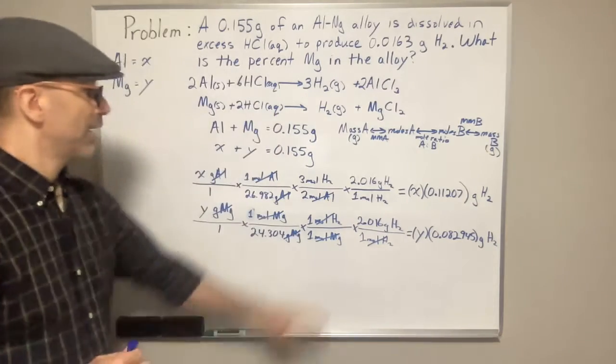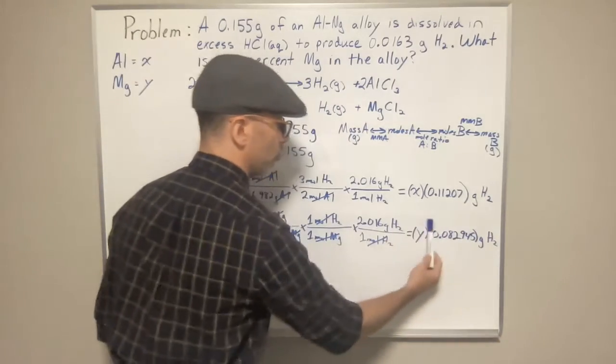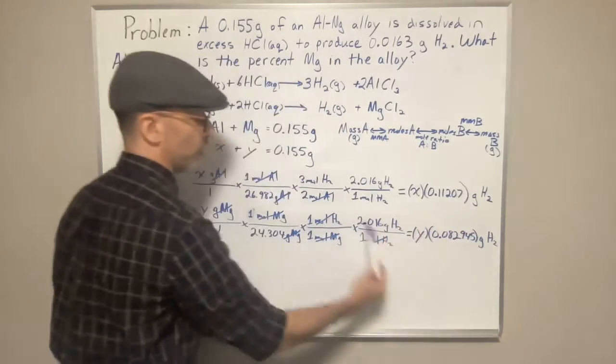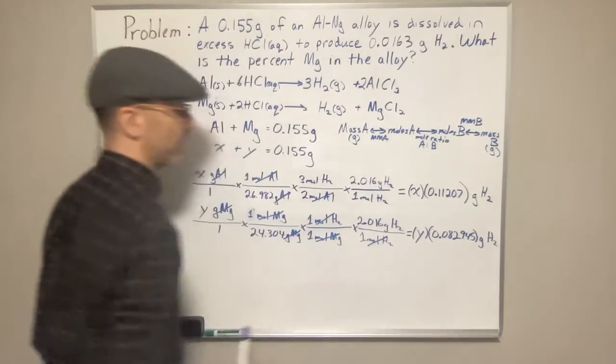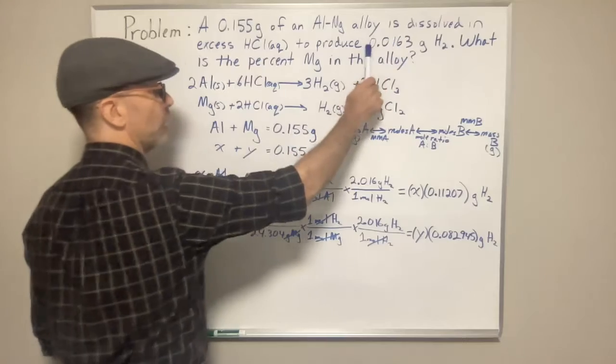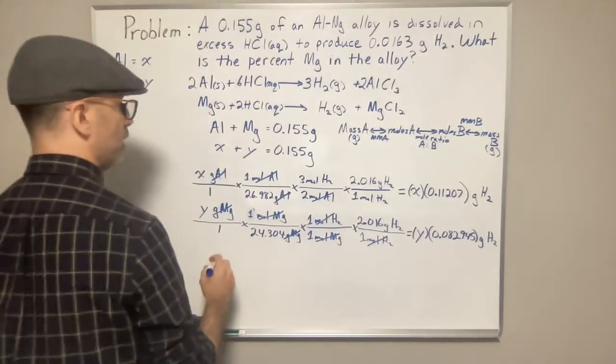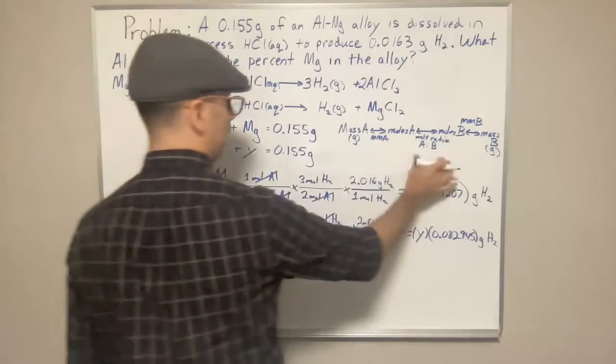And so now I know that this amount came from the aluminum, and this amount came from the magnesium. These two added together should equal this total amount. So now I have my second equation. So let me write it here.